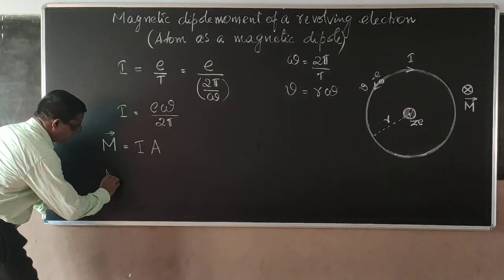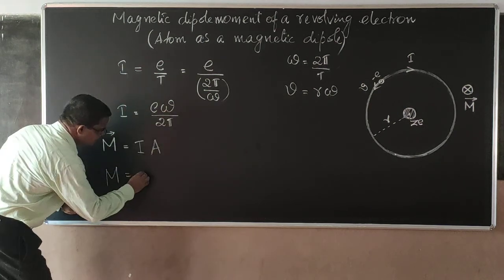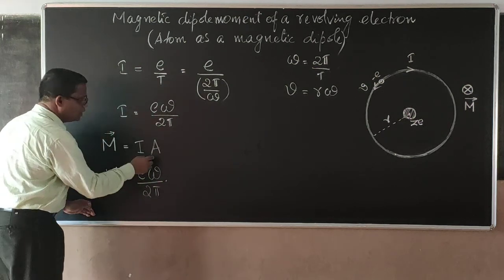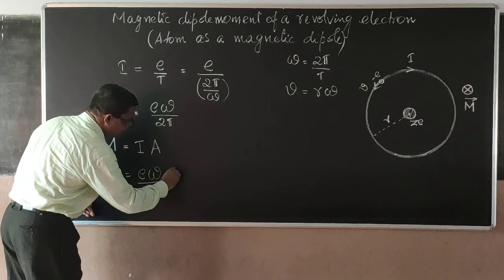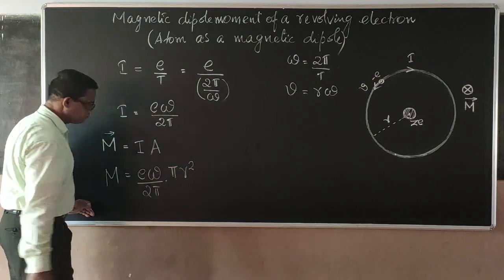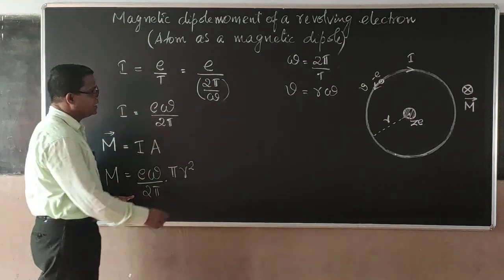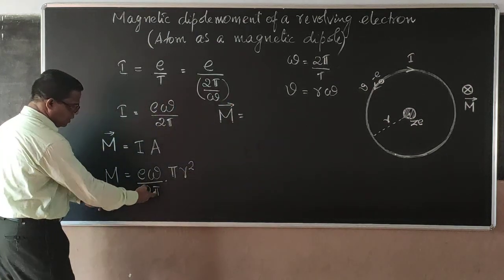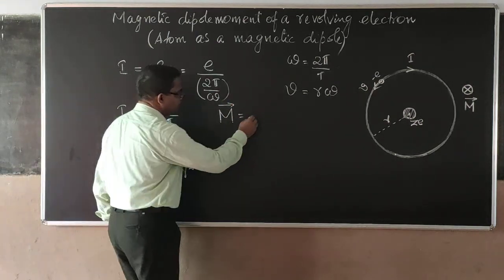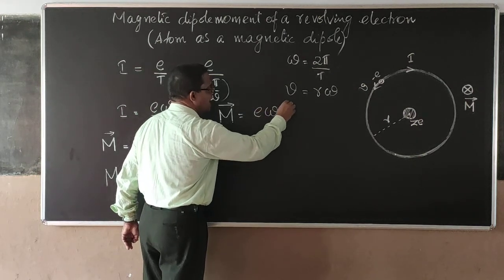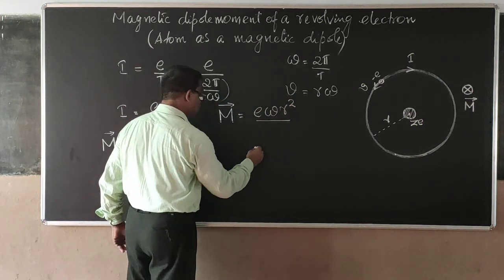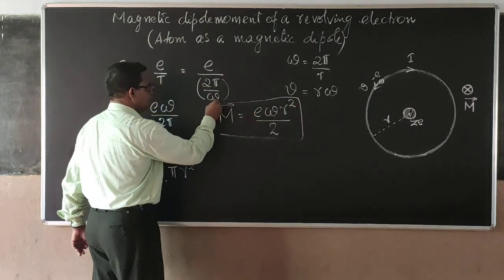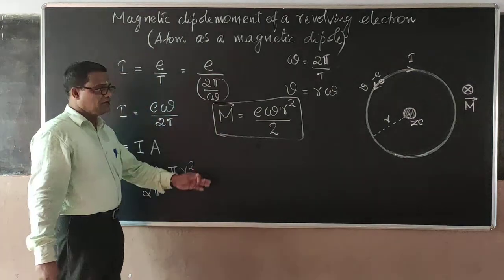That will be M equal to current I, you can take it as e omega divided by 2 pi, into area, I can take it as pi r squared. Now M will be equal to, pi and pi cancel, and you will be getting e omega r squared by 2. This is one equation for magnetic moment associated with the atom.